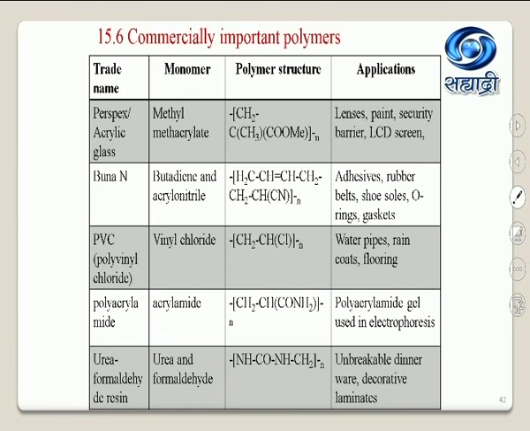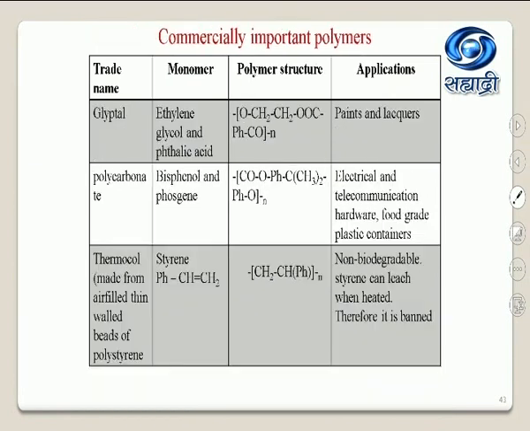So you have to remember, methanal means formaldehyde only. So the urea and formaldehyde monomers give the polymer urea formaldehyde resin. This is the structure for this polymer, and it is used in unbreakable dinnerware, decorative laminates, etc.